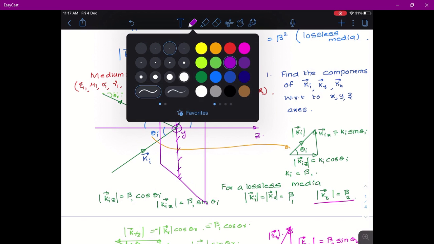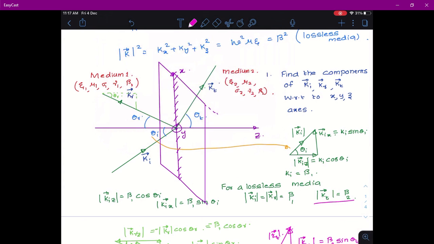Now there is one more plane, which is the plane of incidence, the plane in which the wave is actually traveling. So that is this plane. Okay.